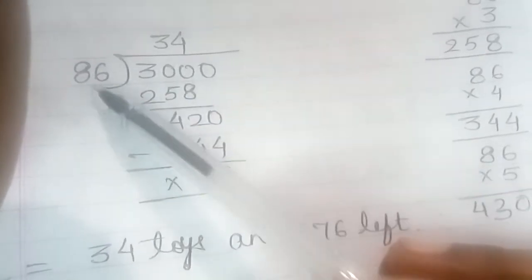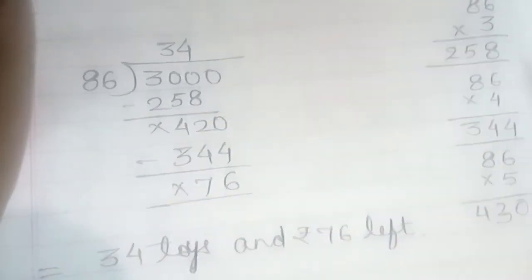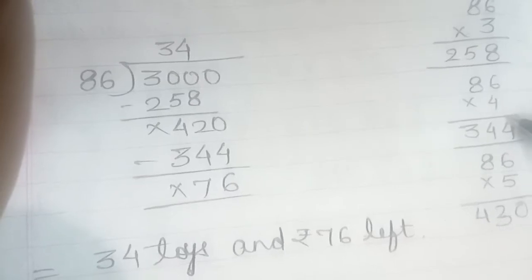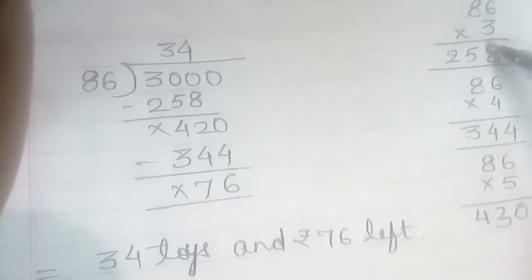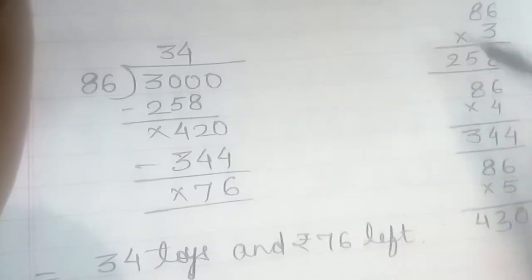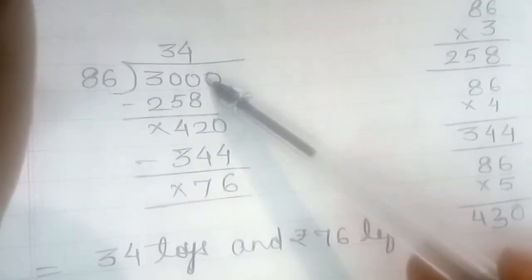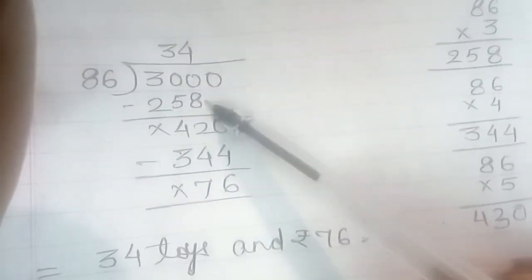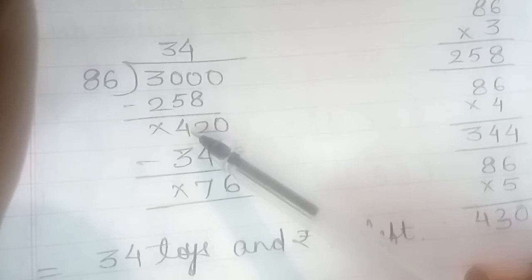Because 86 is larger than 30, the first two digits of 3000, I have taken three digits, which is 300. 4s is more, and 258 is less than 300, so I have subtracted 258 from 300. So I got 42 as the remainder.